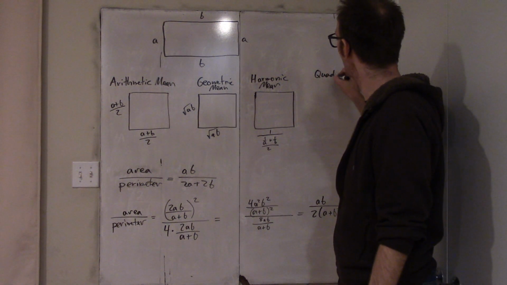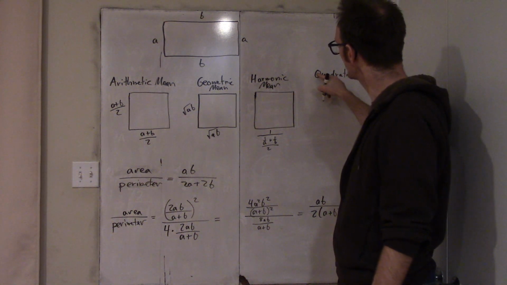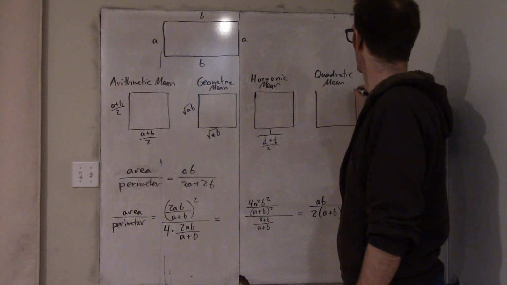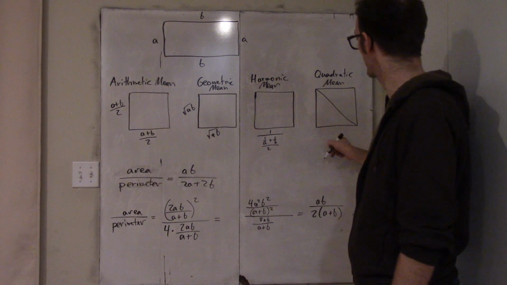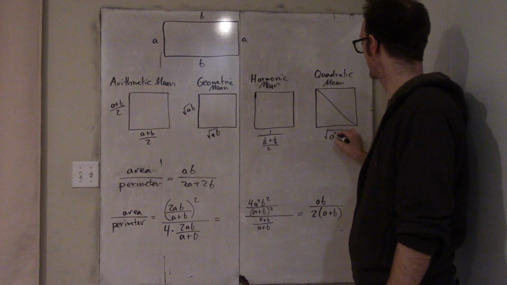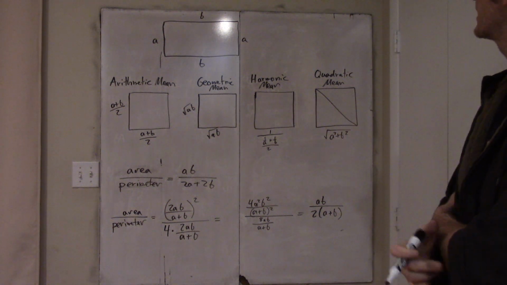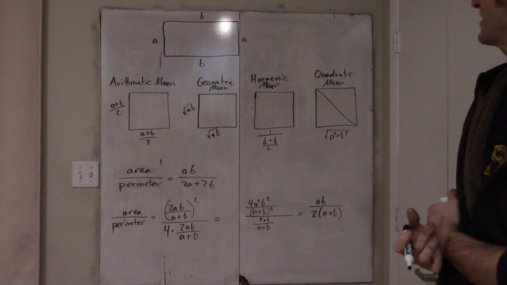Okay, and there's even one more mean. There are many means, but there's the quadratic mean. Well, I'll tell you what it is. It's root A squared plus B squared. I think I'm doing that right. So how can we interpret it geometrically?